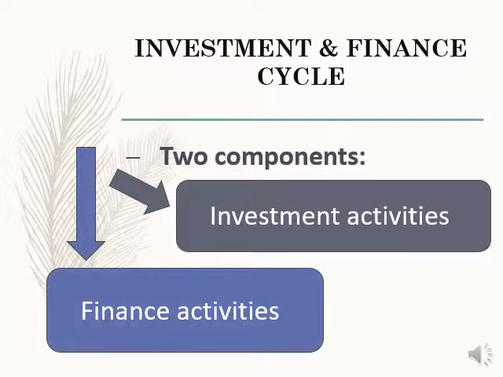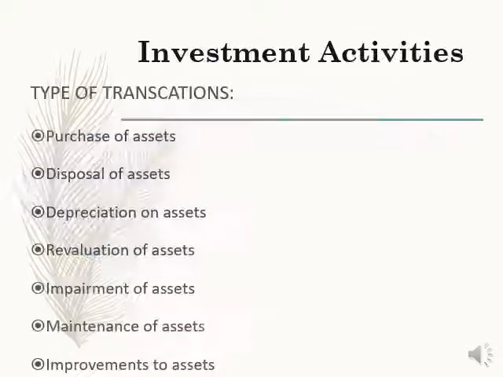Okay, we said already we have investment activities and financing, and then the types of transactions that we would expect in investment activity would be listing of assets, your disposals, depreciation, revaluation, impairment.